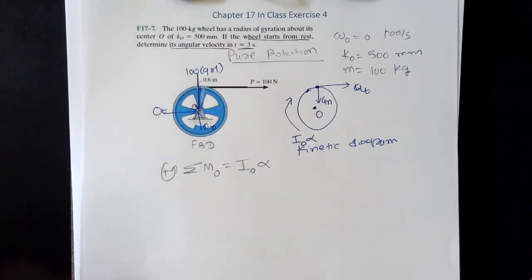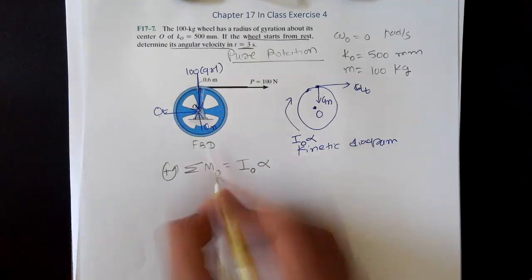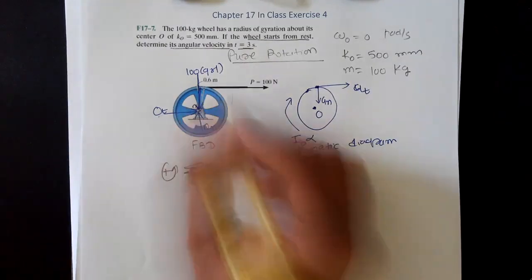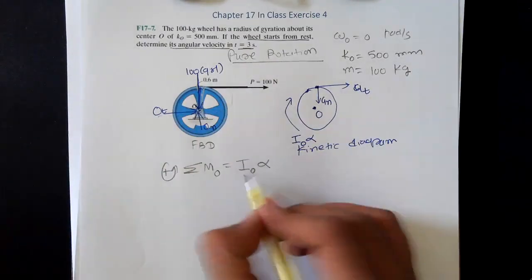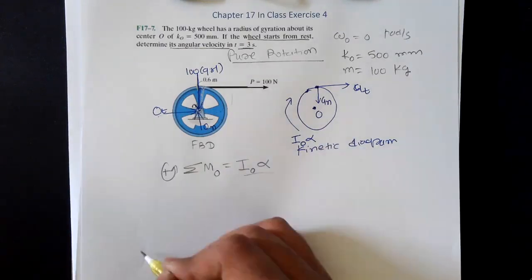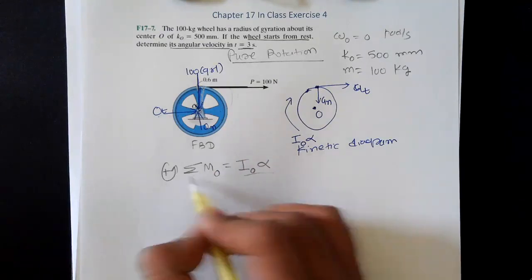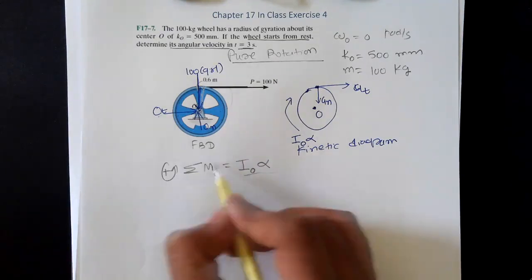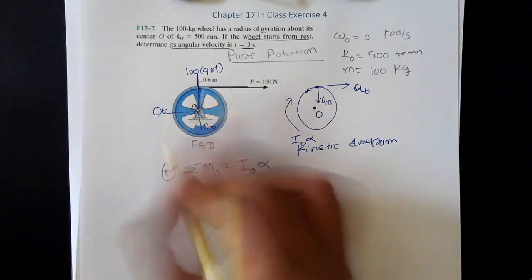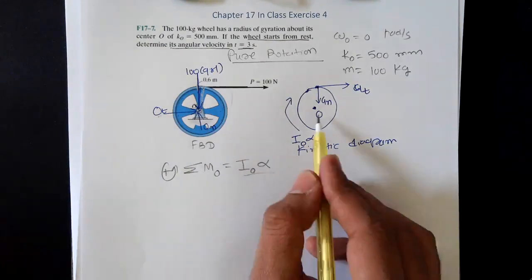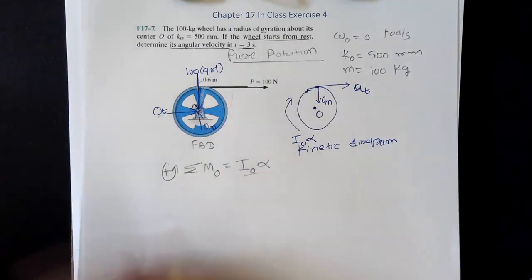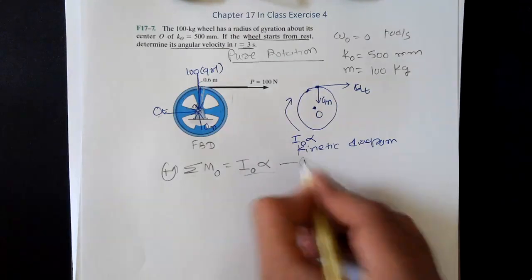Sum of moments about O from the free body diagram is equal to I_O alpha from the kinetic diagram. I always keep saying that for the equations of motion, for the left-hand side look at the free body diagram, and for the right-hand side check the kinetic diagram. Let's call this equation 1.